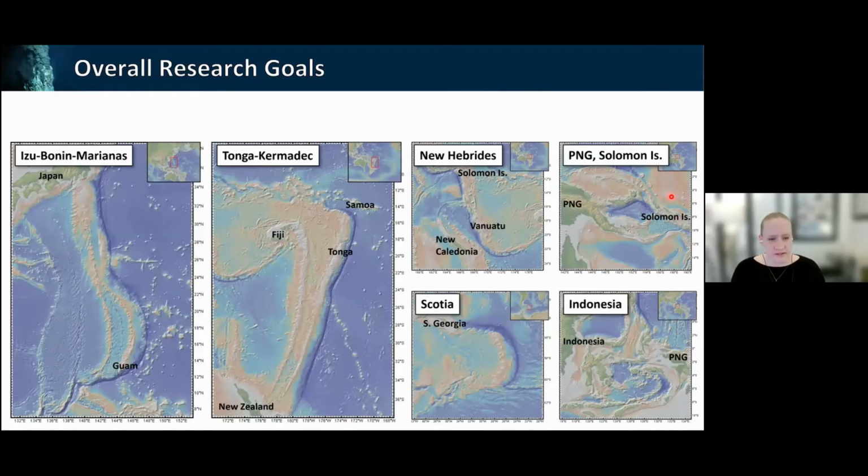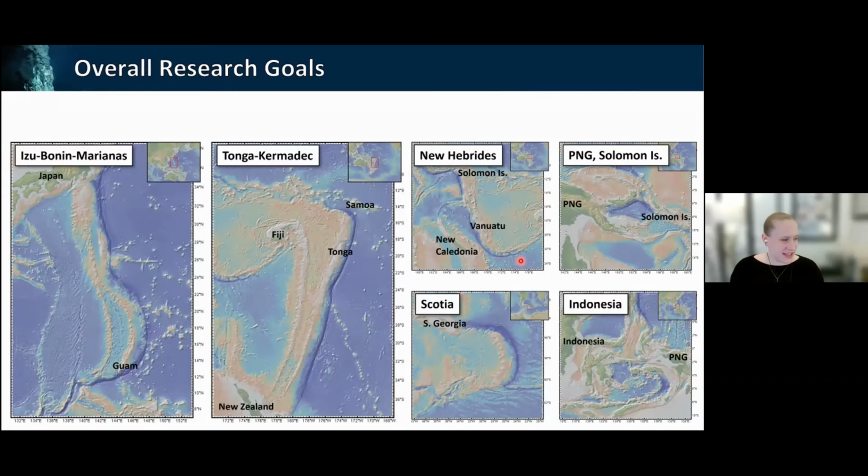On top of that, other complexities include variable rates of subduction, variable ages of the subducting crust, variable slab dips, and very often we see also multiple episodes of back arc opening where we form one back arc and then the arc will start to rift again. And we'll see that in a couple of different places. So there's potential for inheriting structures or rifting on a really structurally complex plate.